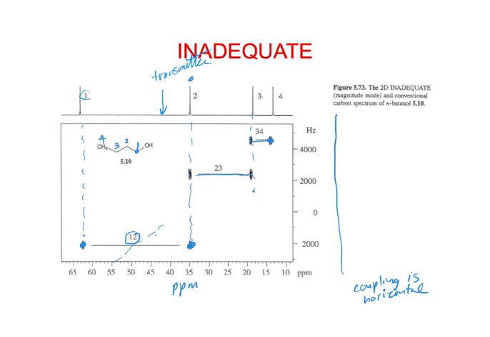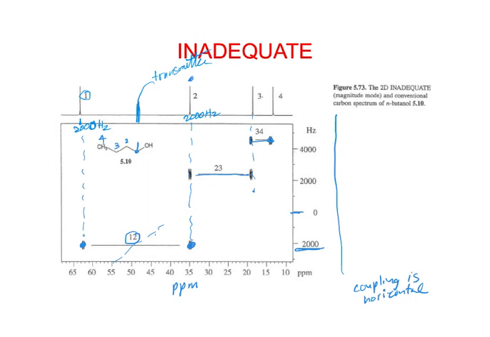This one is on one side of the transmitter, way down by like 2,000 hertz. Carbon 2 is on the other side, at 2,000 hertz as well. So our transmitter would have to be almost evenly between these two, because this is 2,000 and this is 2,000 in the other direction.